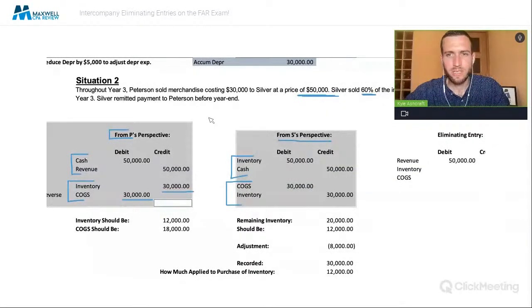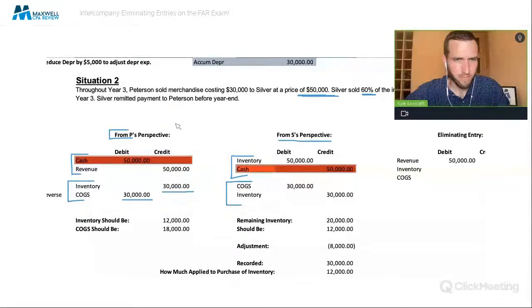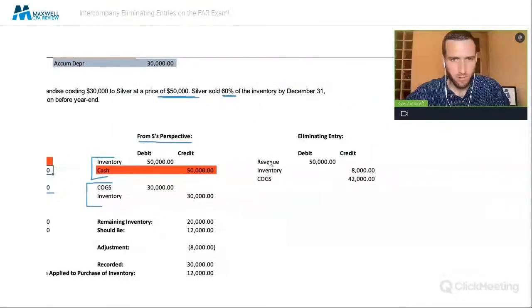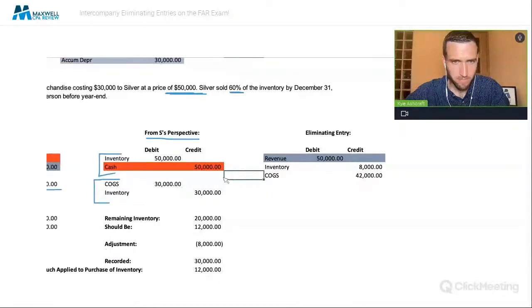So we have to adjust things now. Cash we ignore. Any kind of revenue or expense directly between parent and subsidiary we have to get rid of. So we notice over here we're going to debit revenue for $50,000 to get rid of it.